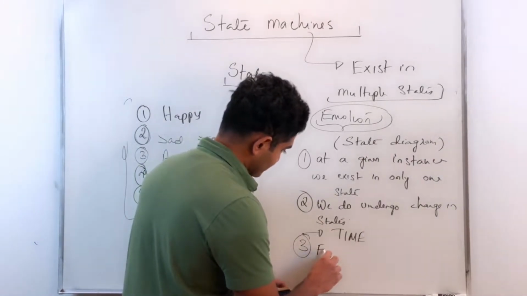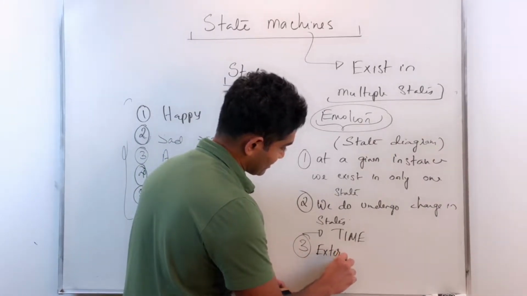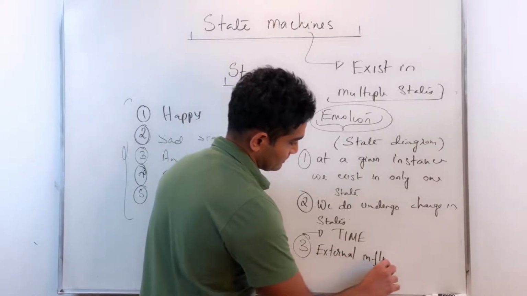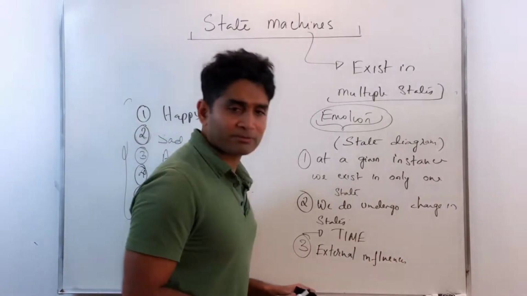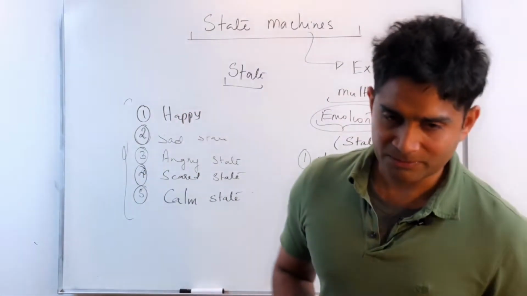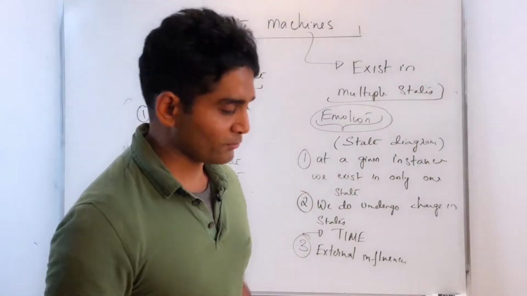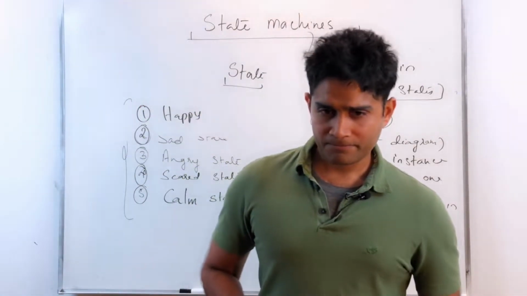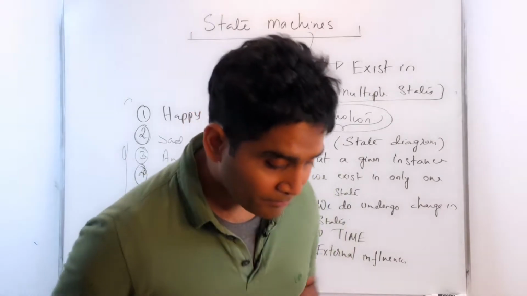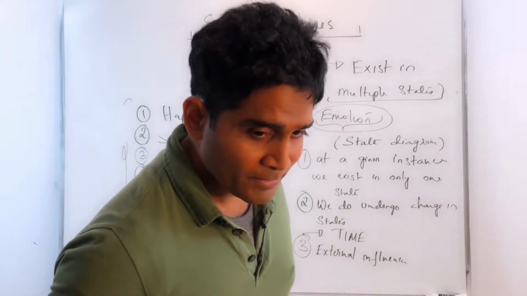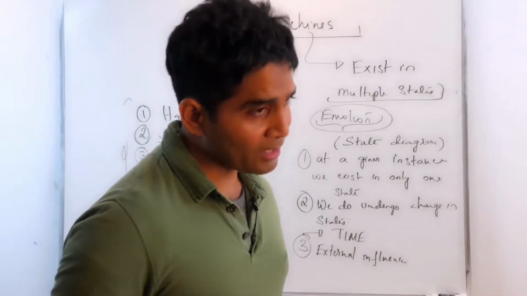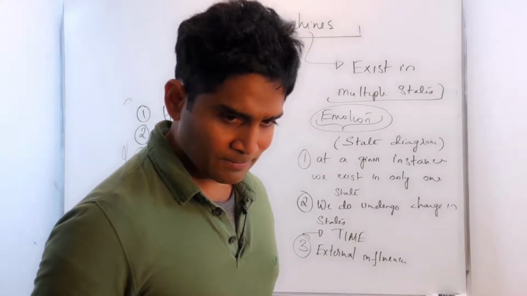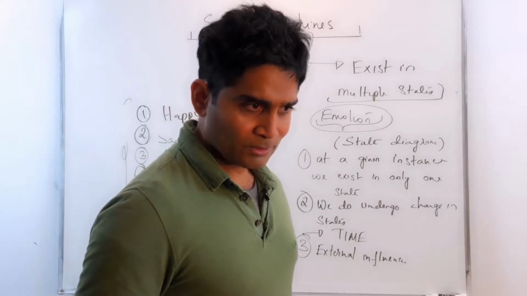External influences. Yes, that's a very important one. Is that the only one? Are there any other factors that would determine those state transitions, if you will? Memories? Memory? Yeah, that's a good point. What else? Thoughts. Okay.